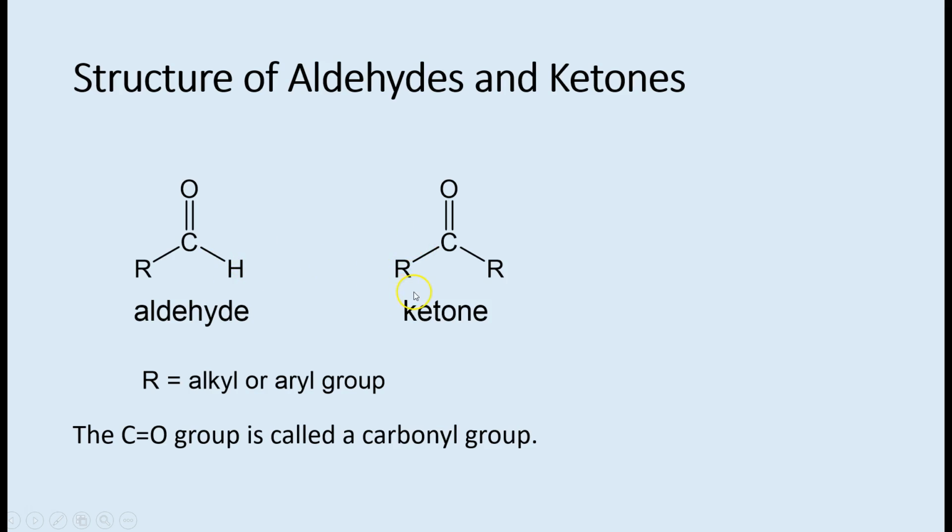Whereas if both of those bonds are to R groups, that is alkyl groups or aryl groups, then that's a ketone. And by the way, if both of those bonds are to hydrogen, then that's also an aldehyde. The simplest possible aldehyde is formaldehyde, in which the carbonyl is simply bonded to 2 hydrogens. And as a reminder, that C double bond O is called a carbonyl group.